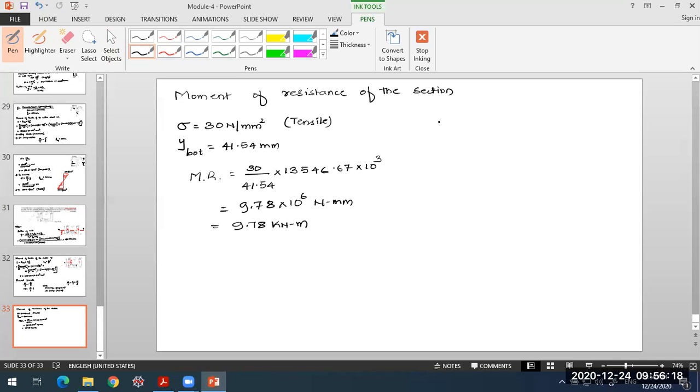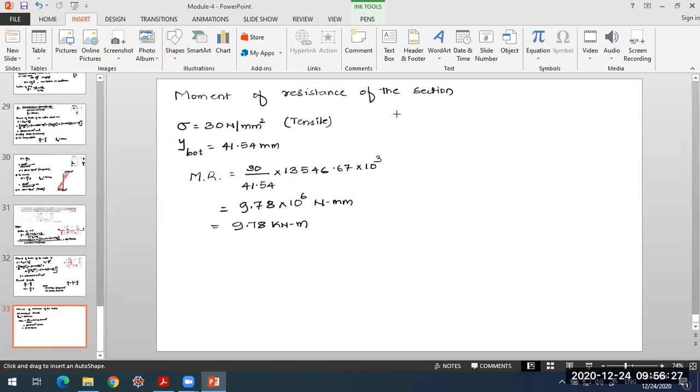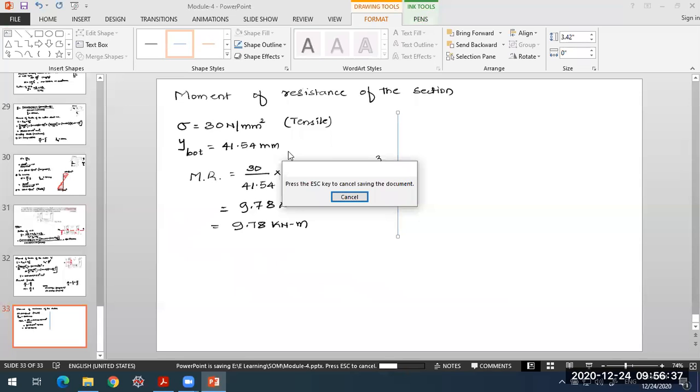The same when we consider the maximum permissible stress in compression. By considering the maximum permissible stress in compression, if I determine what will be the moment of resistance of the section, so we'll get to know what will be the least moment carrying capacity of the section from both of these values.